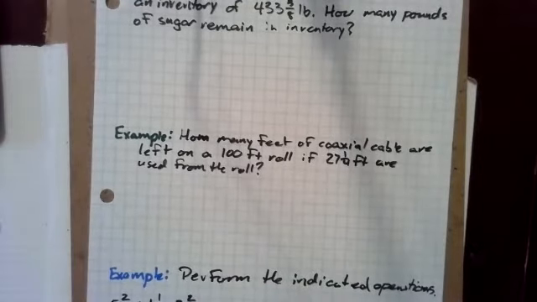First, 127 1/2 pounds of sugar is used from an inventory of 433 and 5/8 pounds. I think that might be 3/8 pounds. Not that it really matters for our purposes. We'll just say it's 5/8. How many pounds of sugar remain in inventory?